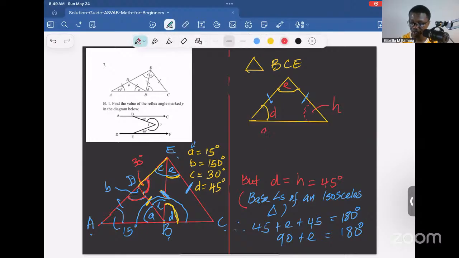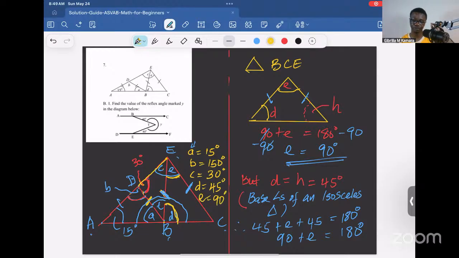So we have 90 plus E is equal to 180 degrees, minus 90 here, minus 90. This and this go. So my E is equal to, you subtract, that gives you just 90. So our answer for E is 90 degrees.